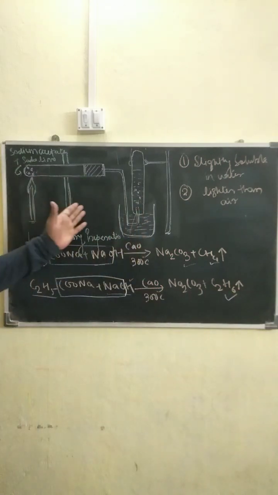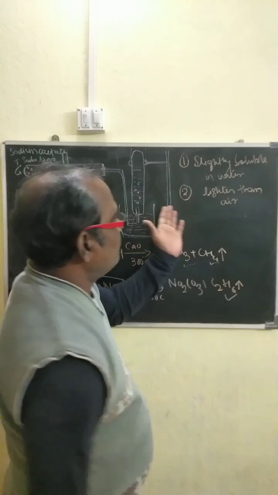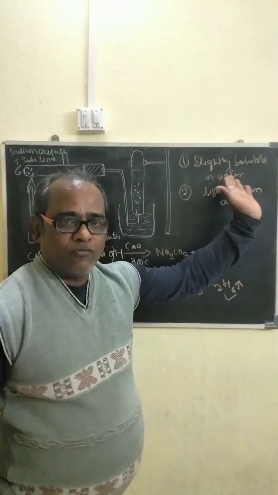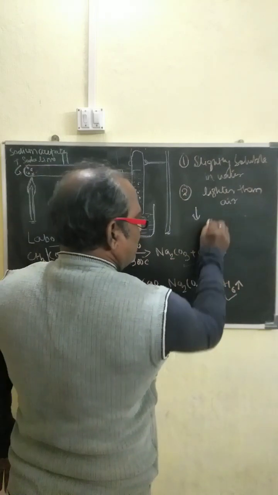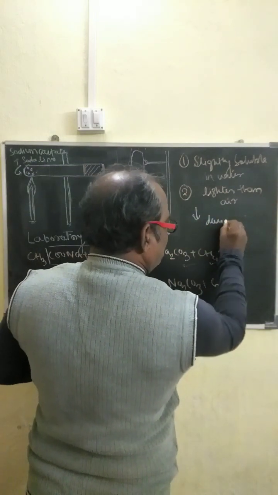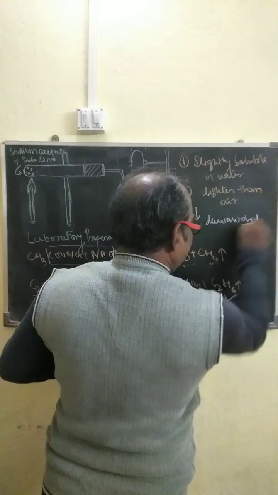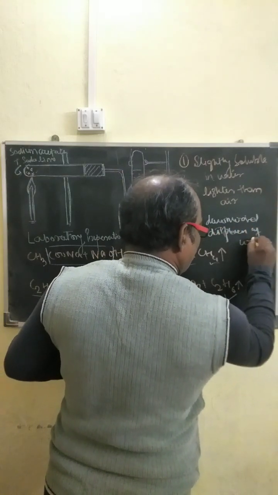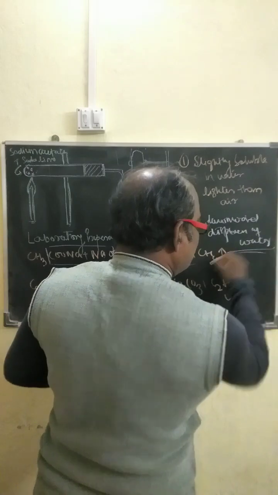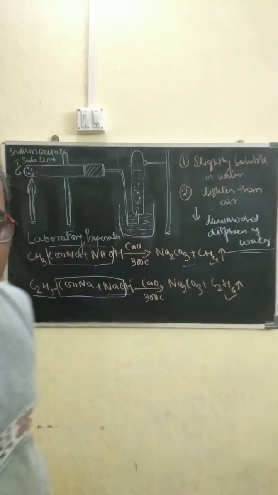Now in both cases, the gas which is evolved is slightly soluble in water and it is lighter than air. So it is collected by downward displacement of water. You have to know these things before your ICSE examination.